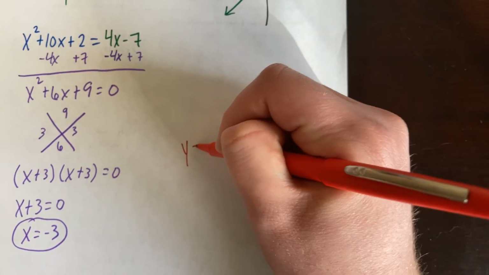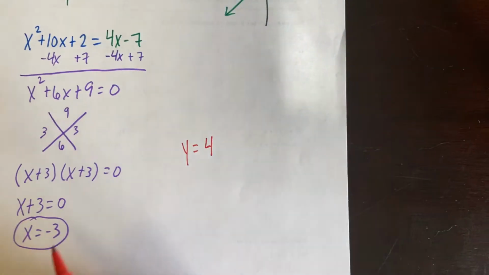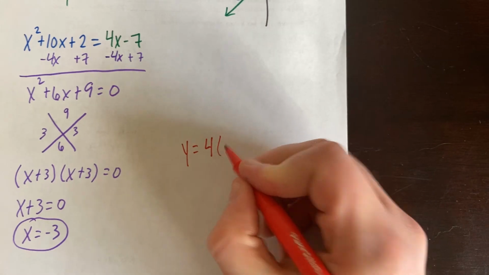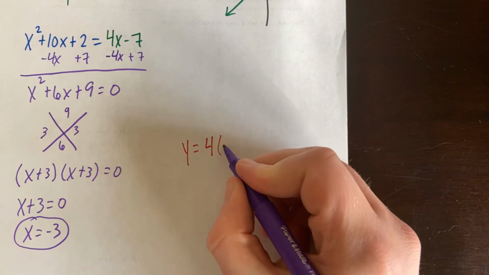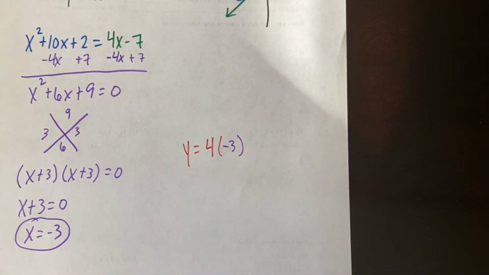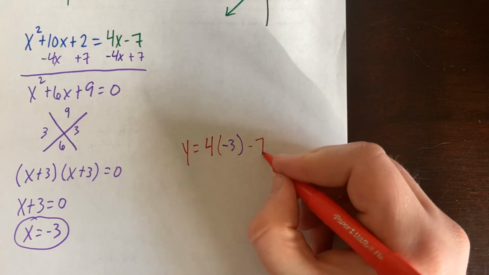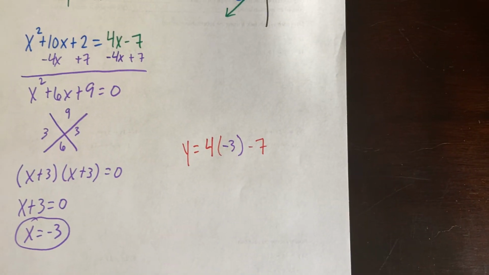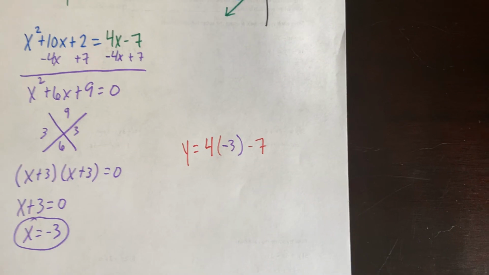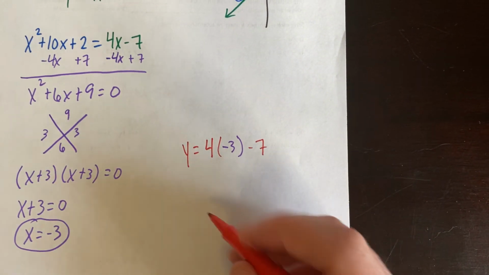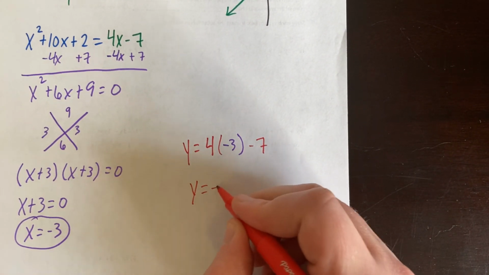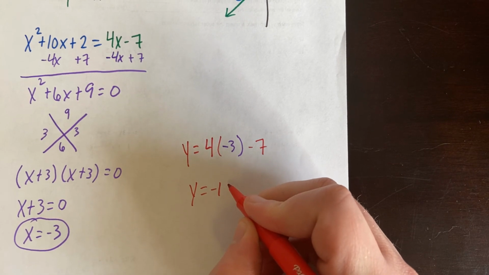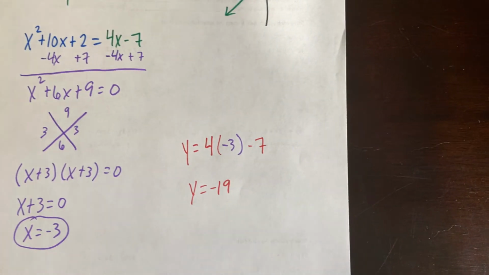So y is equal to 4 times the x value. We know what the x value is. We just found that to be negative 3, minus 7. Let's clean that up a little bit. So 4 times negative 3 is negative 12. Negative 12 minus 7 is negative 19.